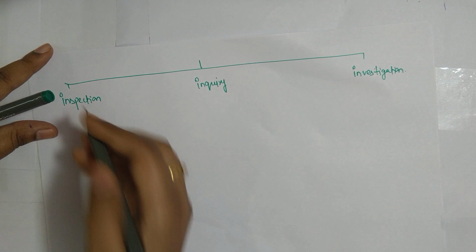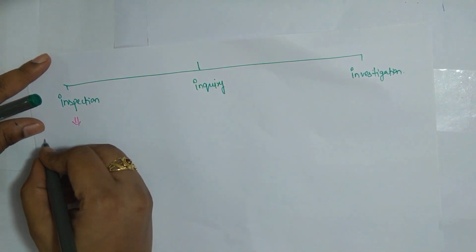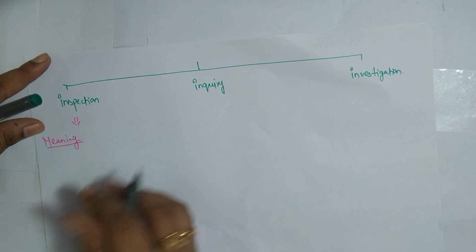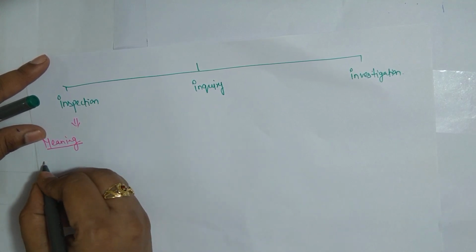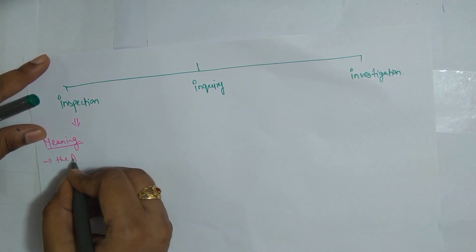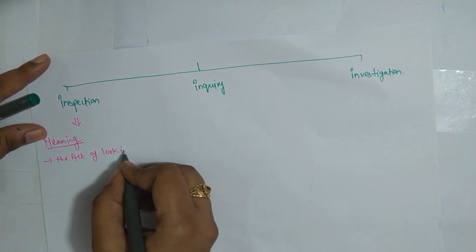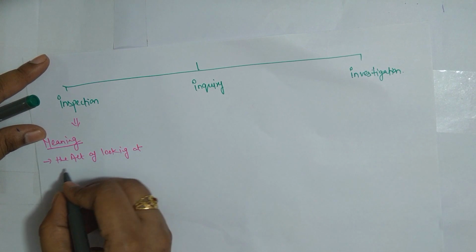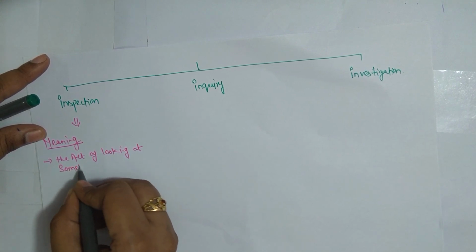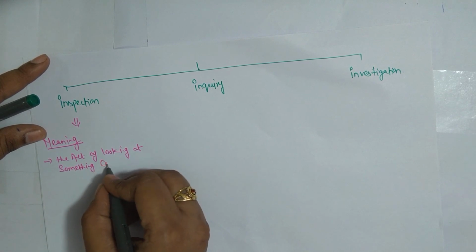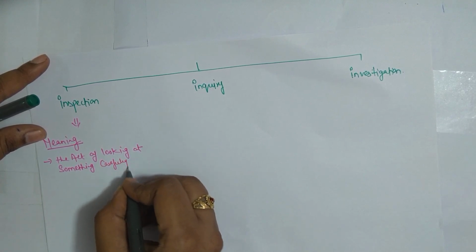So if I give you a brief meaning of inspection, then inspection means the act of looking at something. This is the act in which you are looking at something very carefully.